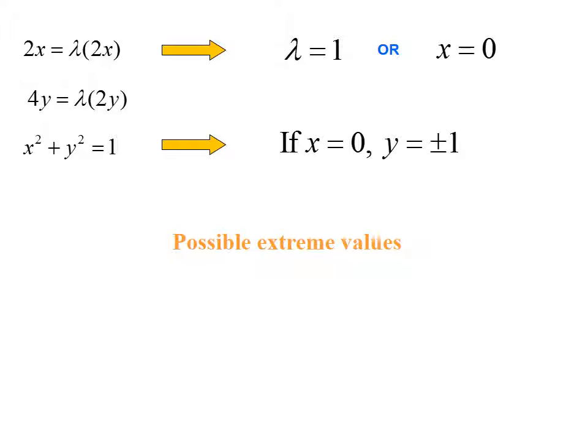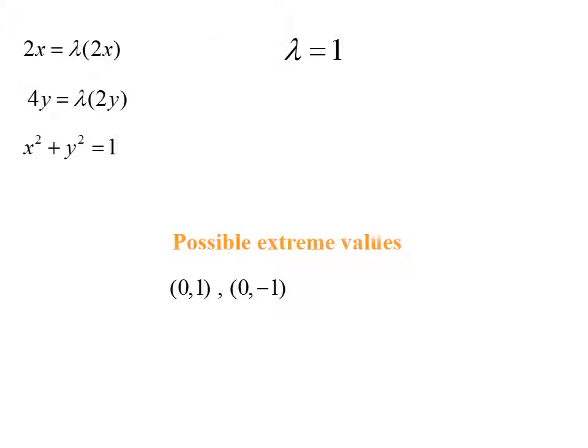And so we already know that we would have these possible extreme values: x equals 0, y equals 1, and x equals 0, y equals negative 1. However, using the middle equation with x equals 0 and lambda equals 1, we would get 4y equals 1 times 2y.